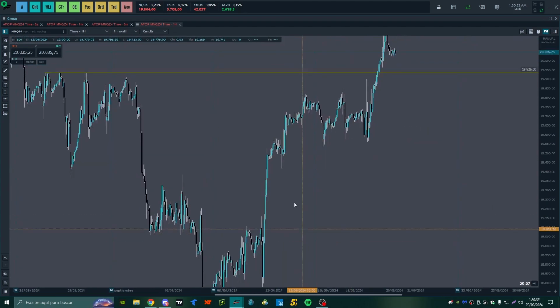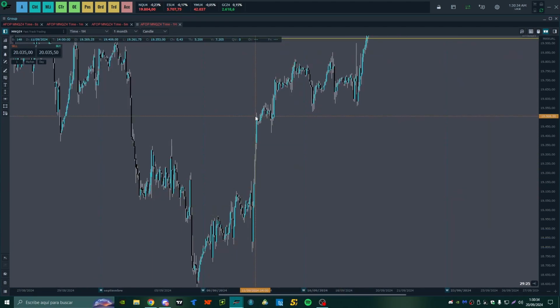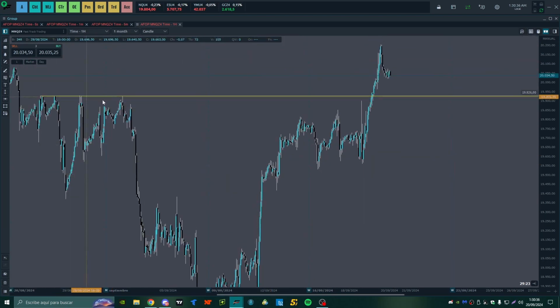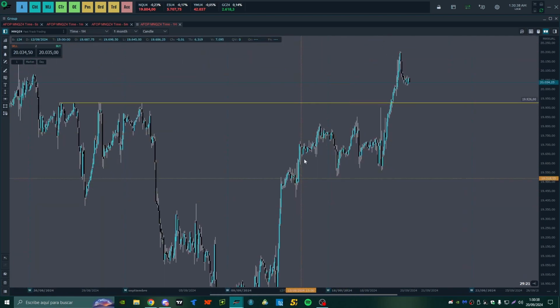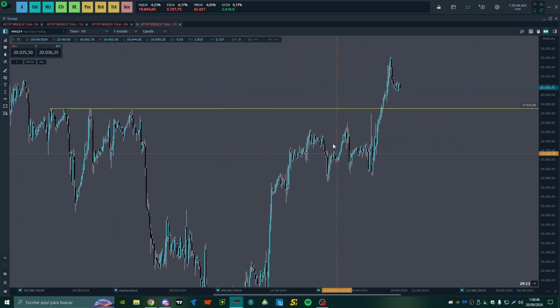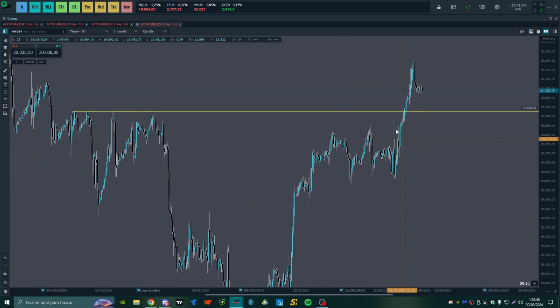Initial moves, then positioning. Now it's very evident that we're getting close to that. And this is where people start to lose, because they don't understand the context.